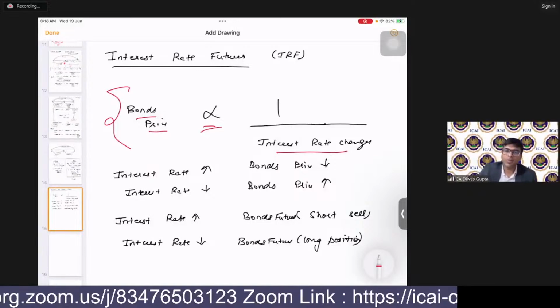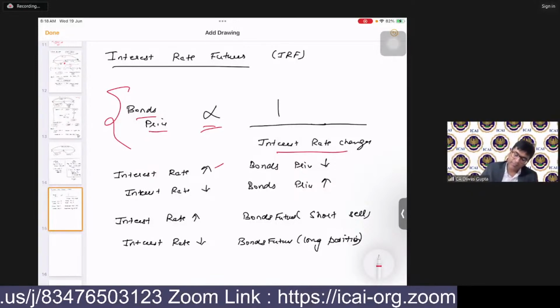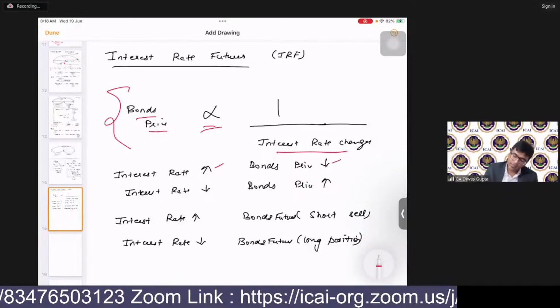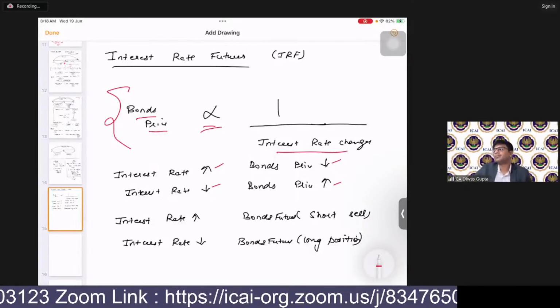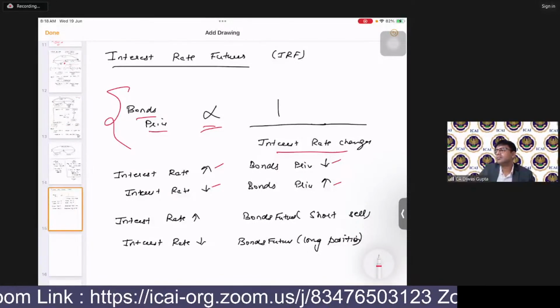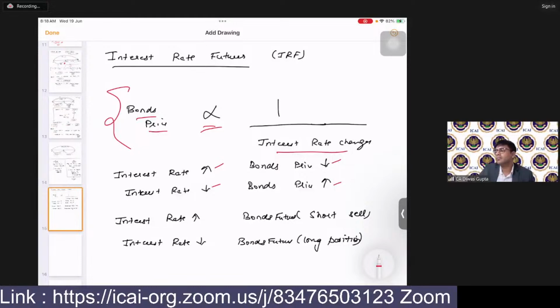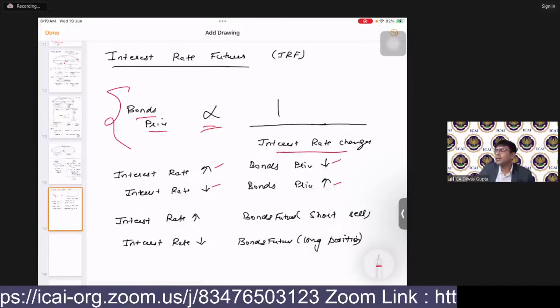By inversely proportional, we mean if the interest rate increases, the bond's price will decrease. If the interest rate decreases, the bond's price will increase. Clear, students?